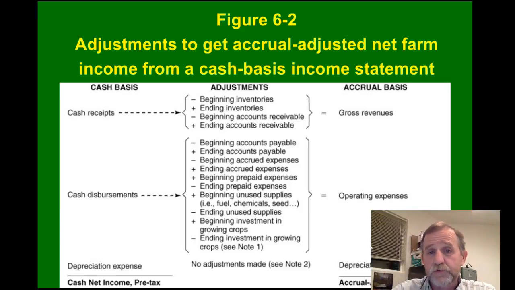I'm going to go through some of these things a little bit faster. I think this slide, if you'll just study it a little bit, will tell you a lot. I will speak a little bit to depreciation expense. Depreciation is actually reflected on the income statement. It is not a cash expense. We pay for an item, and again, we can use an item such as a tractor.